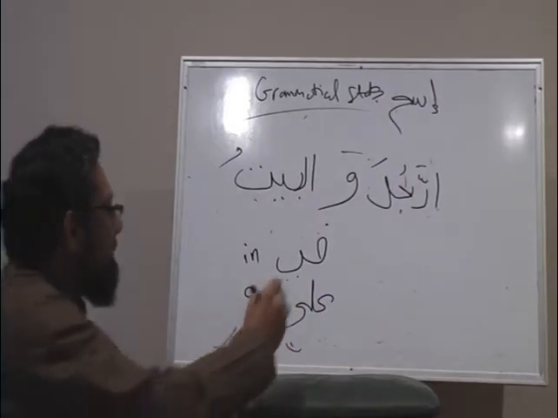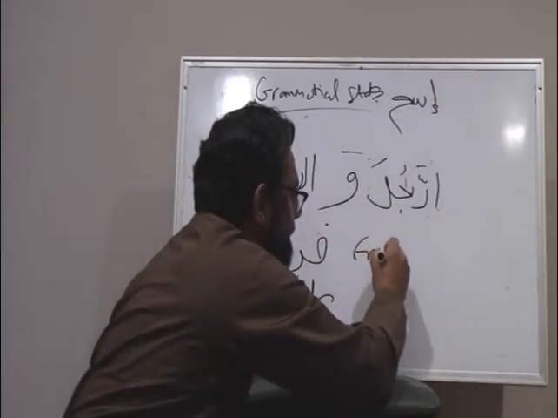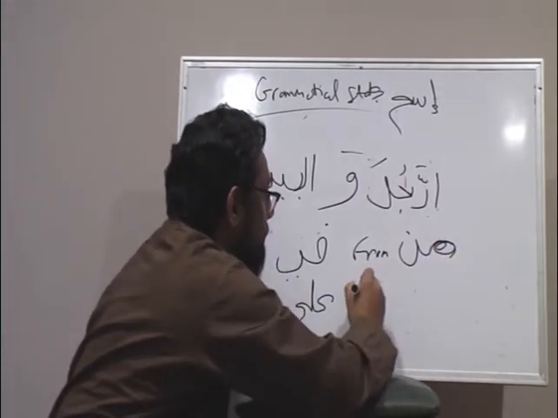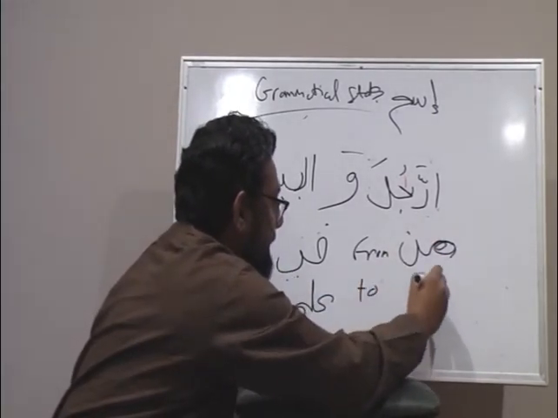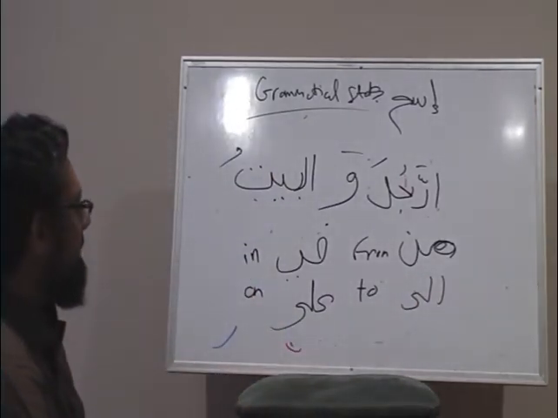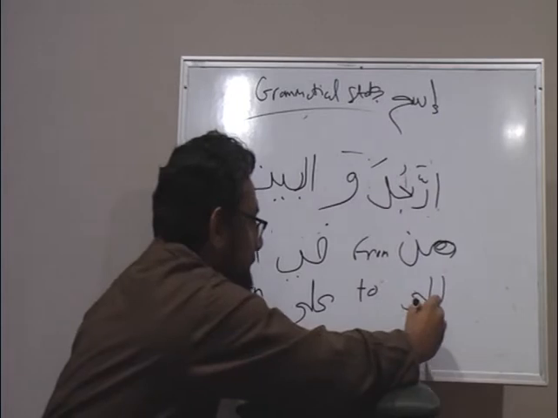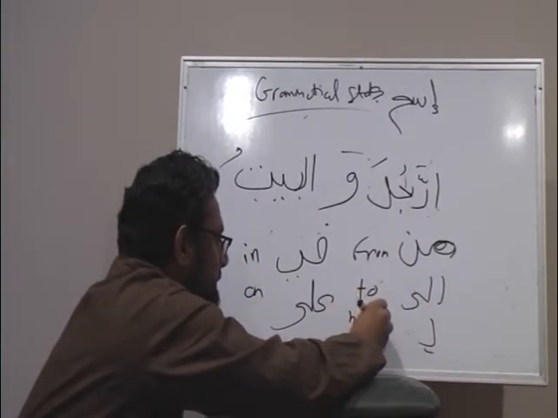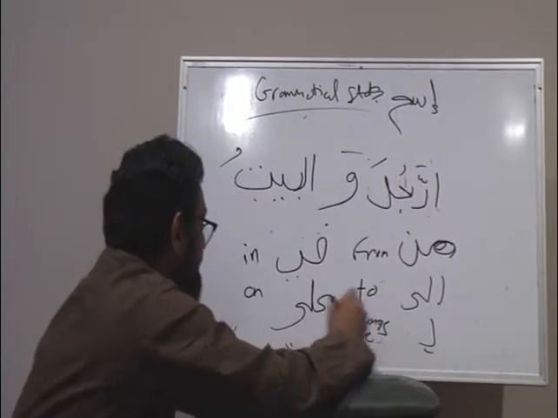You've got from, which is min. Then you've got to, which is ila. And there are probably a few more. There's li, which means belonging to. There's bi.